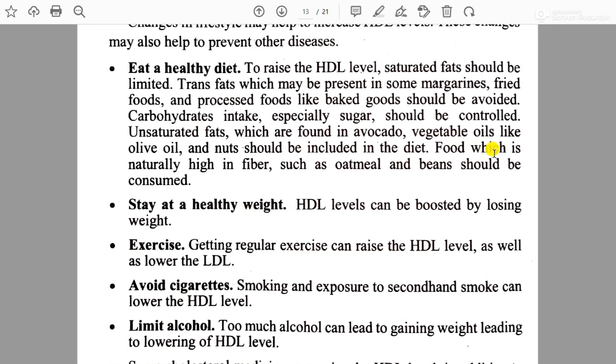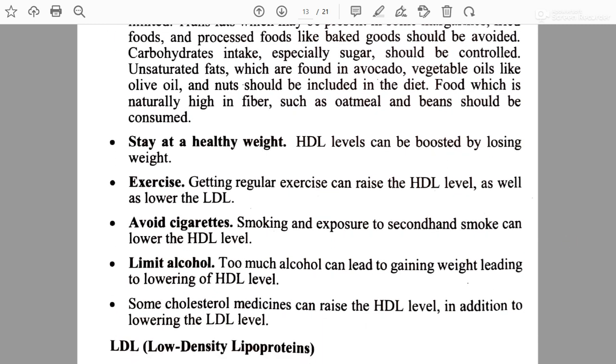Then foods which are naturally high in fiber, such as oatmeal and beans, should be consumed. And stay at a healthy weight, that is, HDL level can be boosted by losing weight.